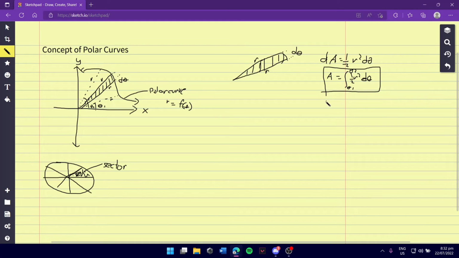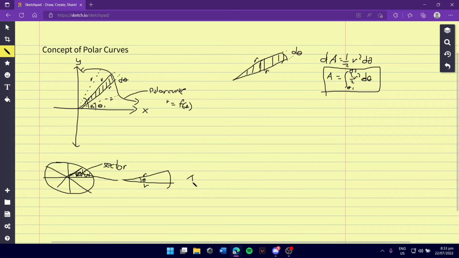So where do we get the 1/2 r squared? Simply because of the sector here. You have here your angle, which is your theta, and then you have your r and r.